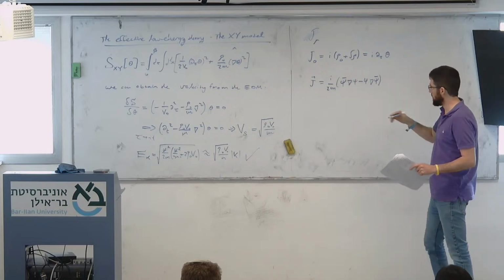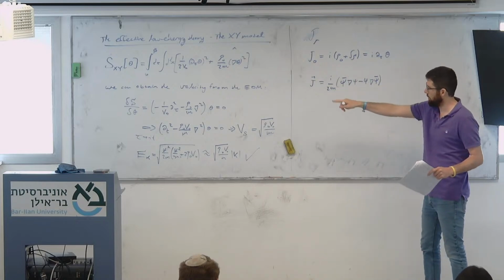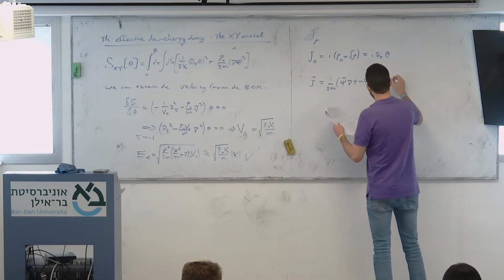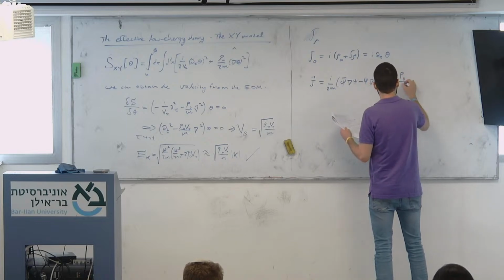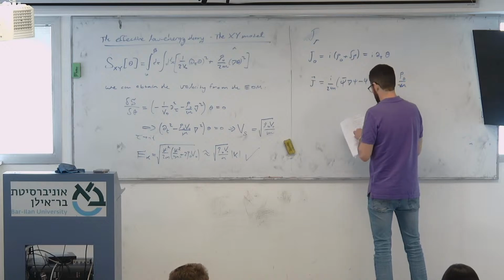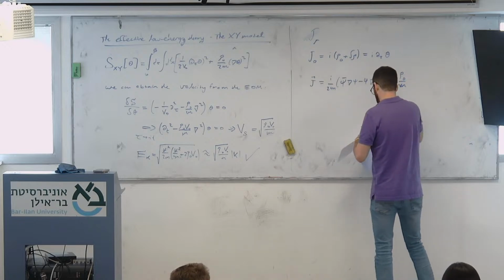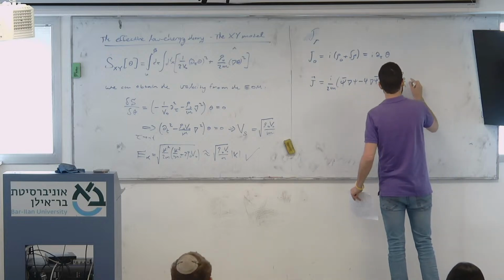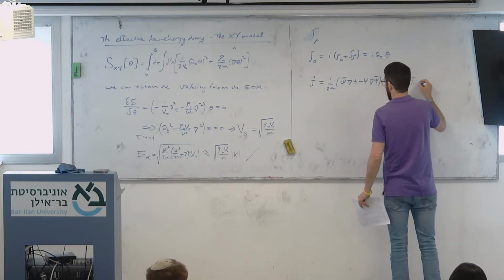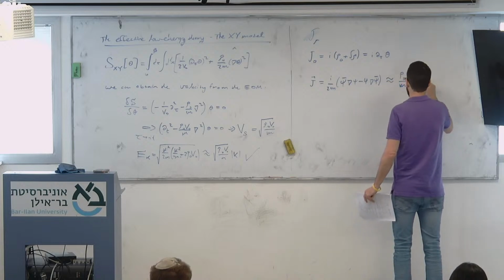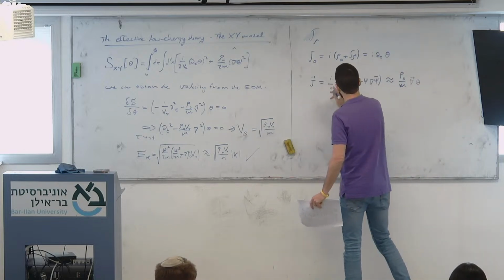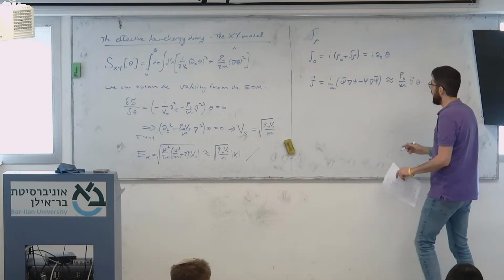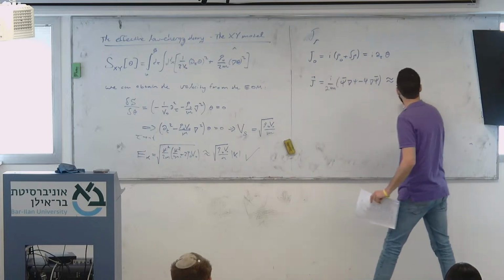Here I don't need all this intuition. You can just plug in the definitions we use and you find that this is rho naught over m grad theta. I think there's no 2 here.